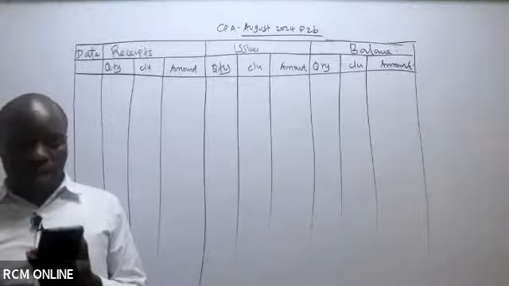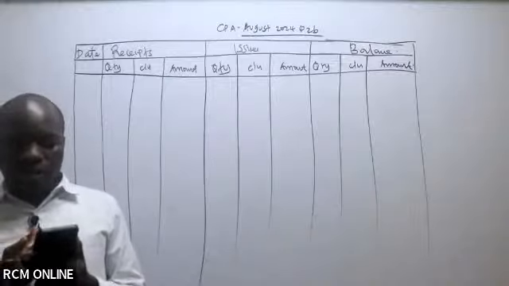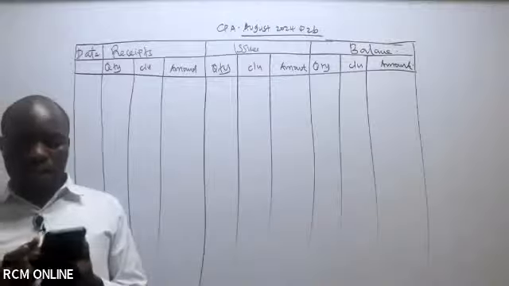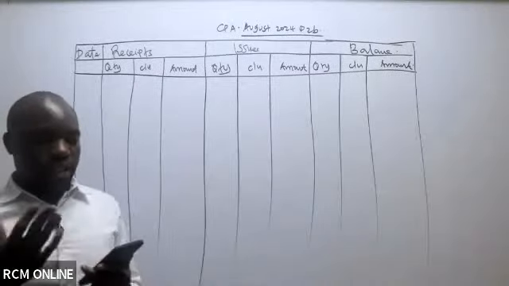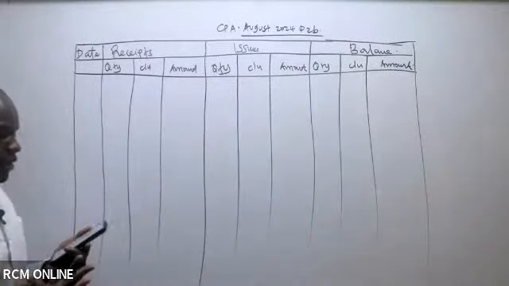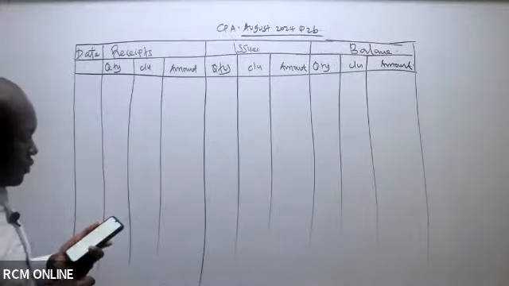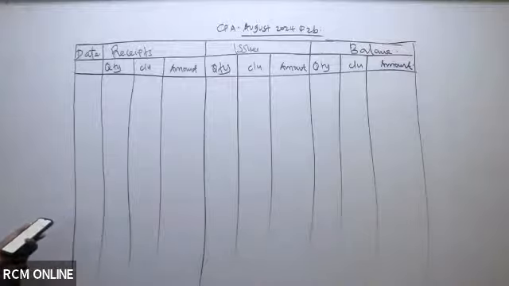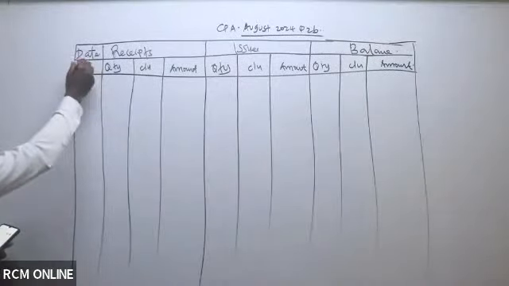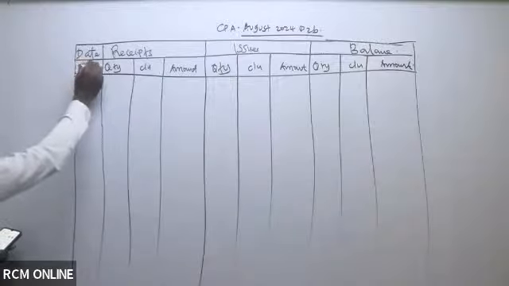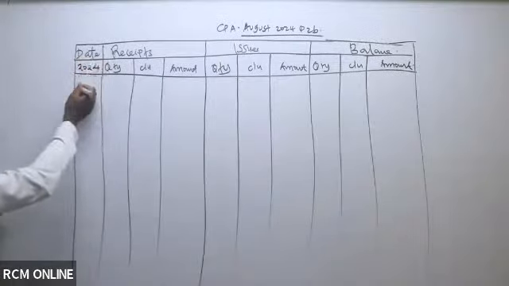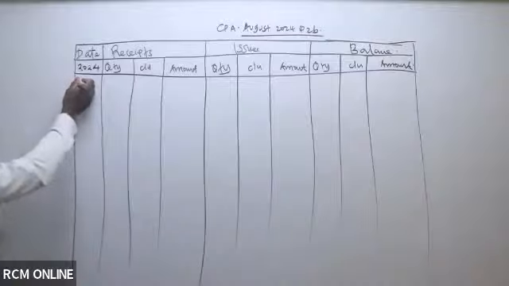Store ledger account, then income statement for the company for the period ended 31st July 2024. So we are given these things for the year 2024. We have the dates here. The first one, we are starting with opening stock. Do we have opening stock? Pick the first date.